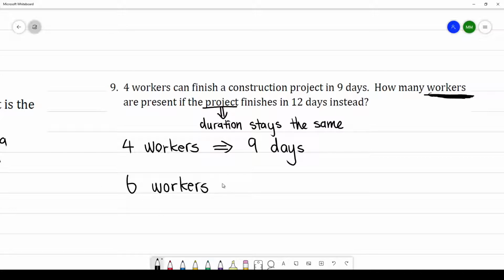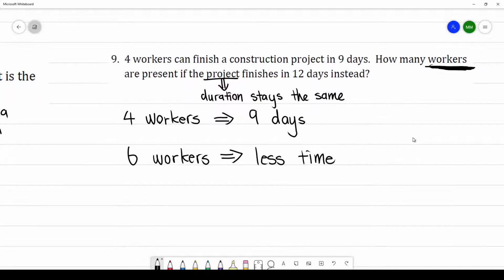When you have more people working, just imagine a school project. Ideally speaking, if you have more people working, that would mean less time, right? Now what happens when you have fewer people working? Well, that means each person has to do more work, and when you do more work, you need more time for the total project.